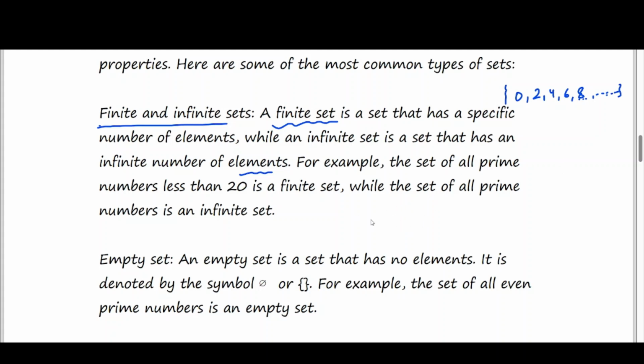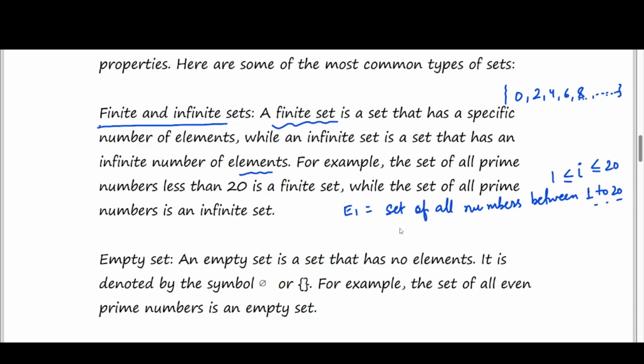If I say the set of all even numbers between 1 to 20, including 1 and 20, so a number can be greater than or equal to 1 and less than or equal to 20.